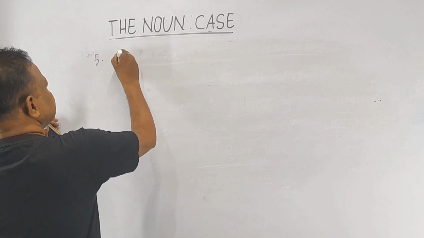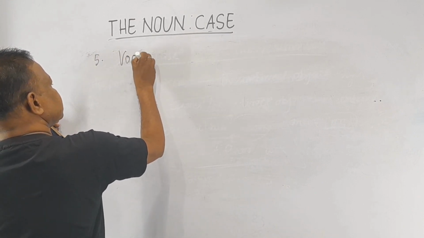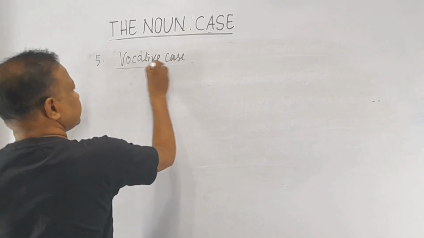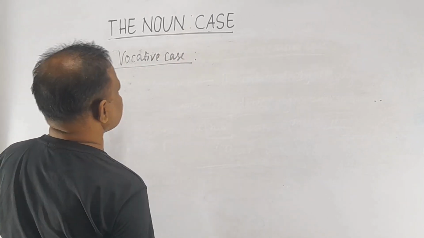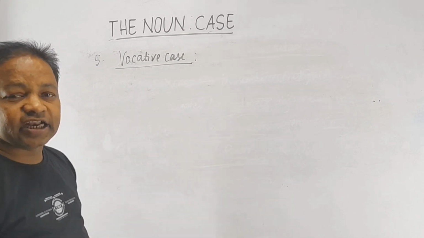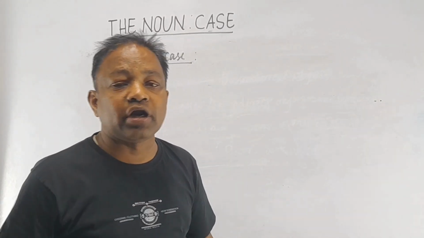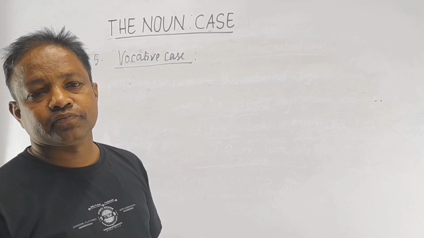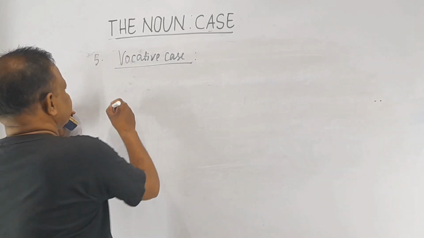Number 5 is vocative case. Okay. When a noun is addressed or called out in a sentence, that is called the vocative case.